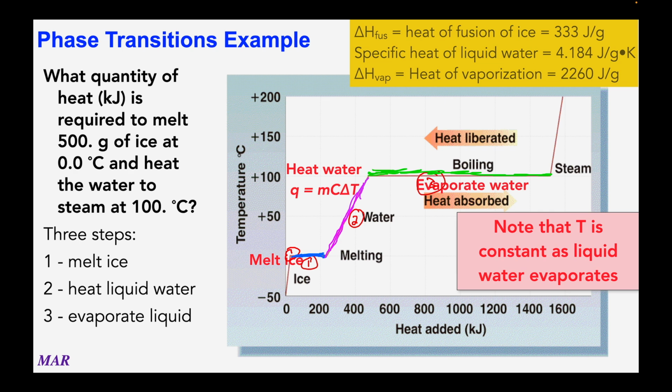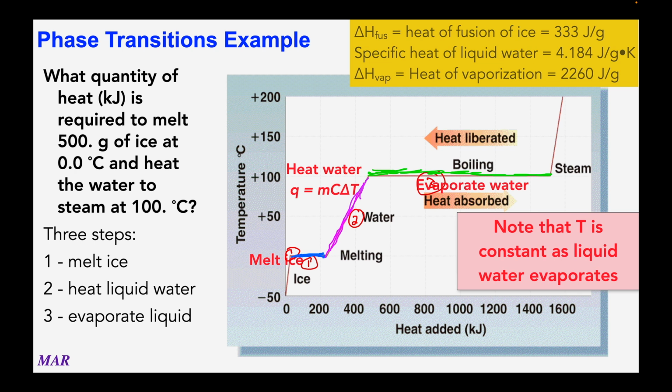We will need some constants to figure out this problem. Now, the specific heat of liquid water, again, is something I'd like you to know, 4.184 joules per gram Kelvin. But here are two other numbers we'll need, and I would always give you these numbers, by the way. The delta H of fusion, the enthalpy of fusion, sometimes called heat of fusion, for ice is 333 joules per gram. So what that says is that 1 gram of ice is going to require 333 joules to turn solid into liquid.